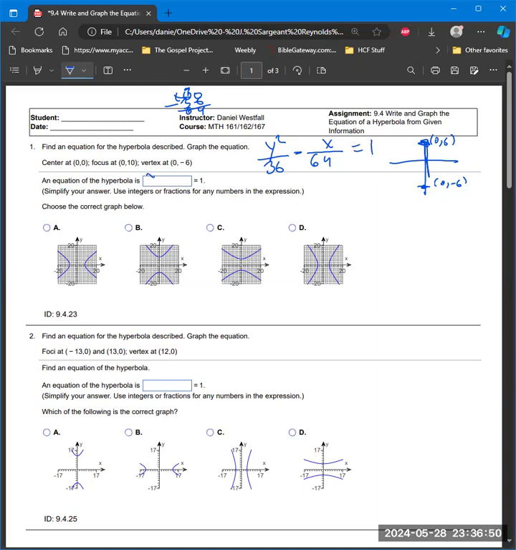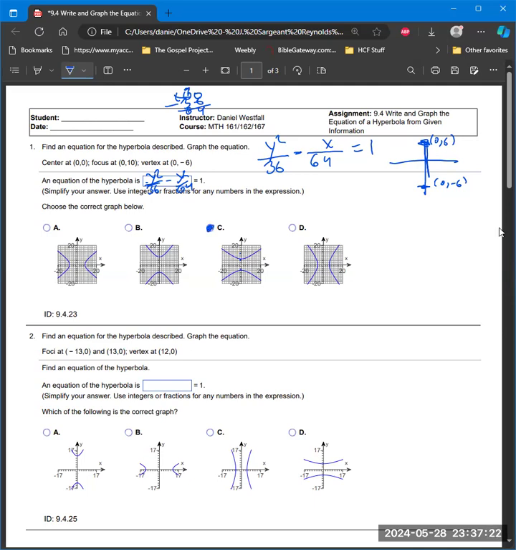So y squared over 36 minus x squared over 64 equals 1. It's going to open up, and we have 6 there, and foci at 10 and negative 10, that's c.